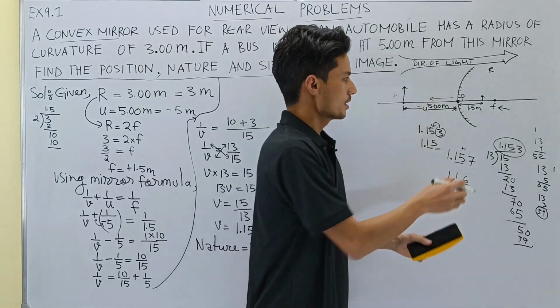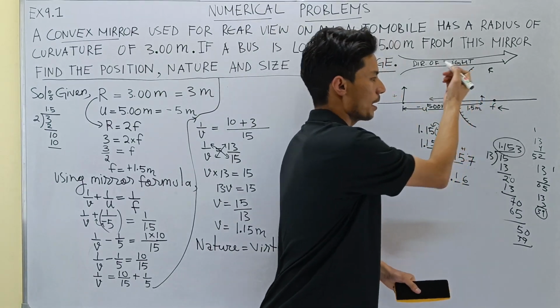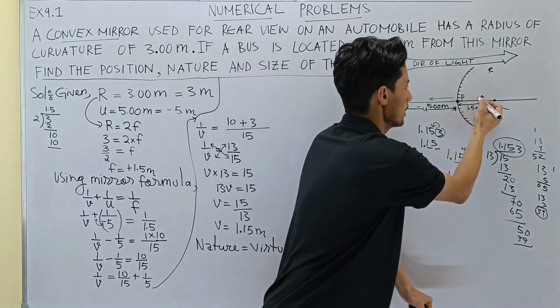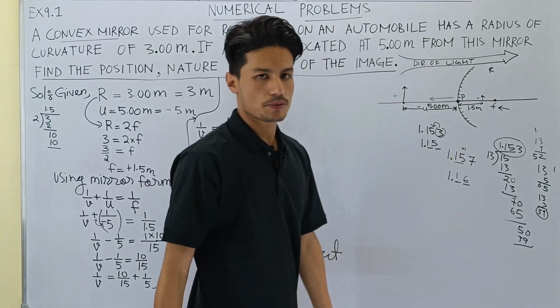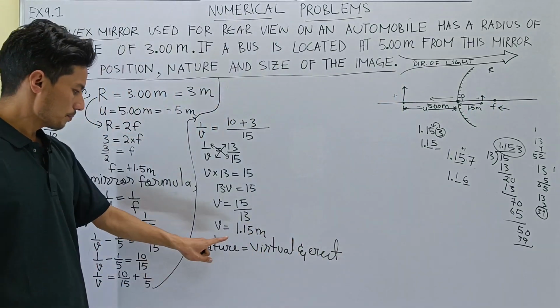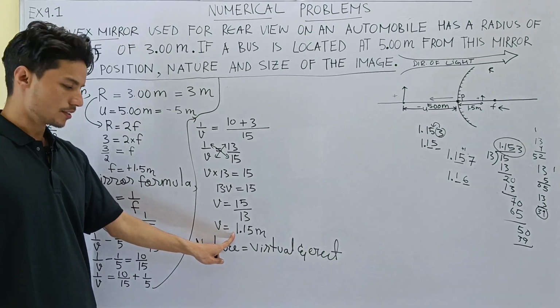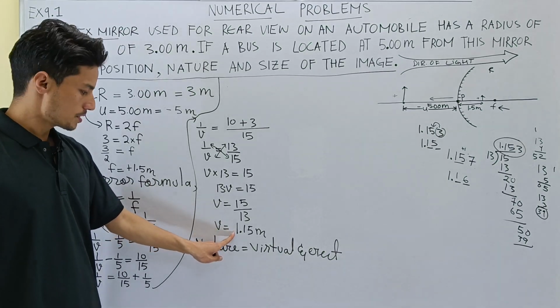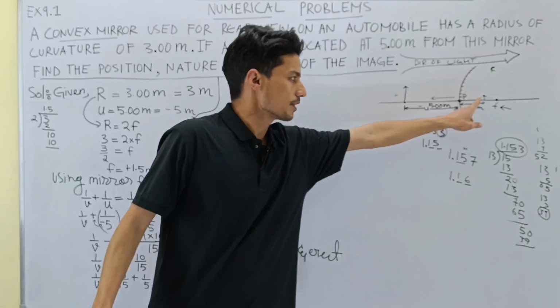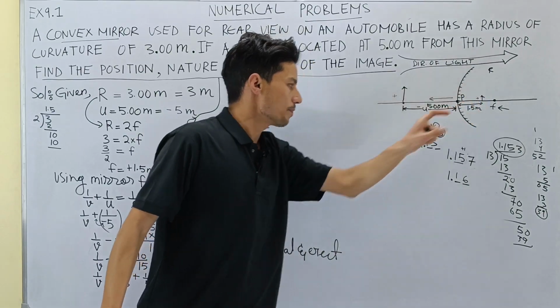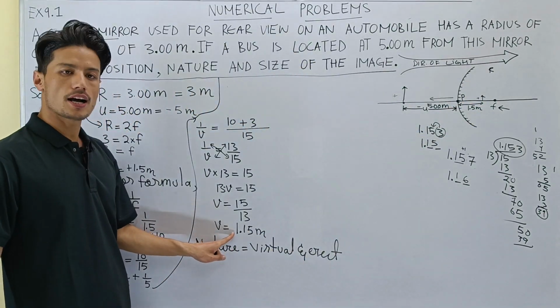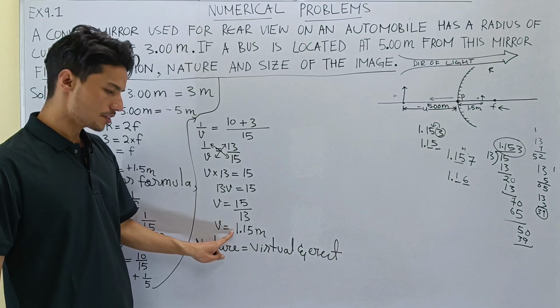But virtual images are standing upright, so the image height will also be plus. What sign do you see here? You see a positive sign, isn't it? You don't see any negative, that means it is positive. So it is correct. The height is positive, which is indicated by the answer that we got. So the answer is correct.